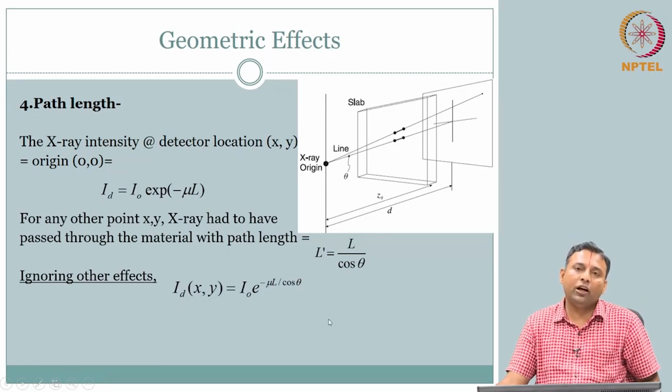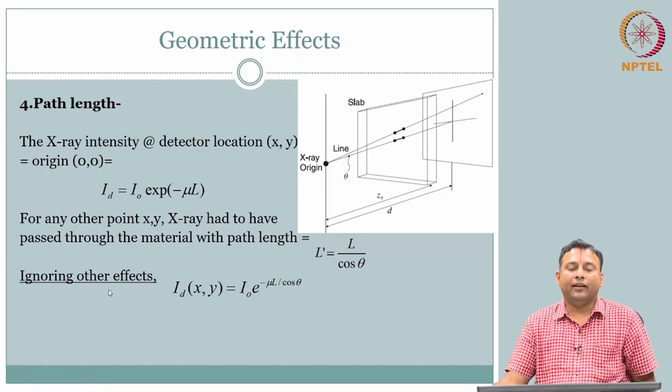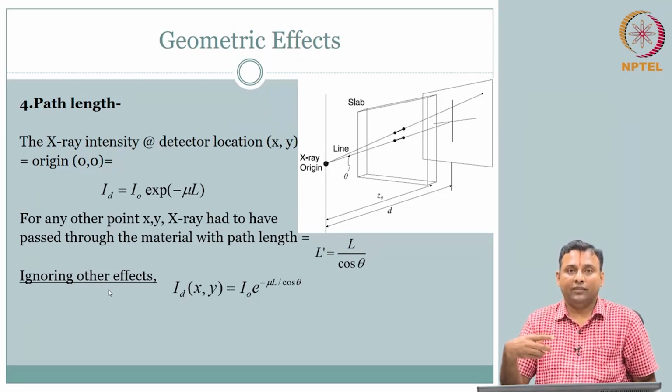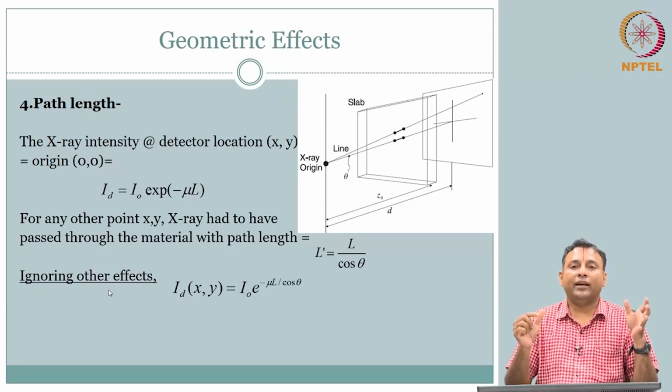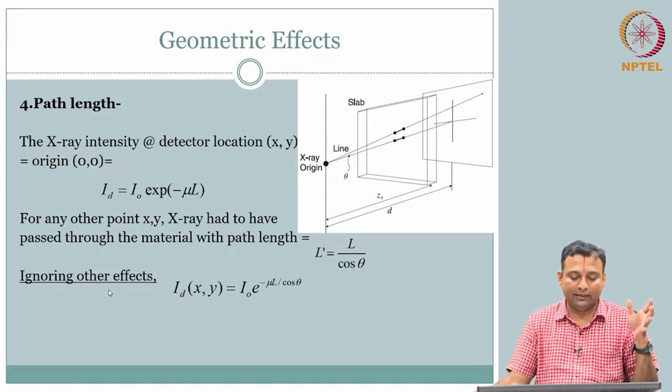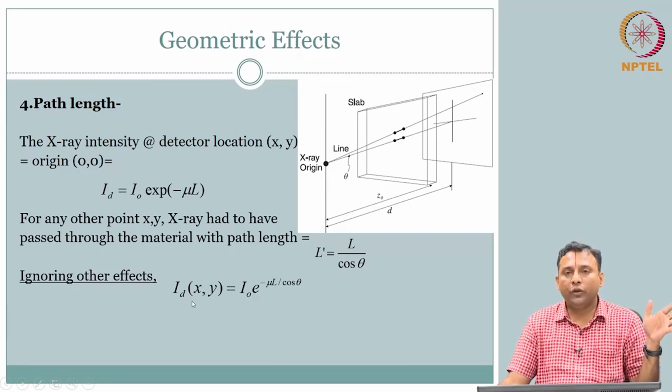So, now if I have to incorporate the other effects, what is going to happen? Well, we will pretend that the effects that we saw already are irrespective of the object; they were there because of the geometry, without even considering the object. So, if you have the object, the thickness of the object or the path length is going to affect it this way, and the other geometric effects are just going to add on, right.